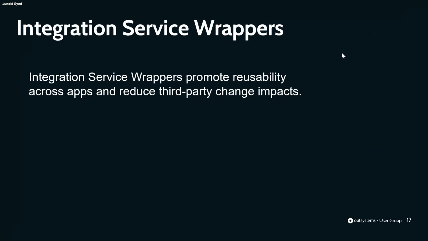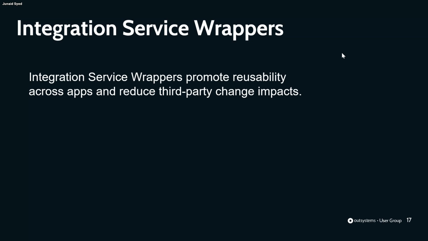Integration service wrappers are one of the cases here for how we use libraries. They are mainly for promoting reusability across applications and reducing third-party change impacts. So what happens when we integrate with any third-party system?